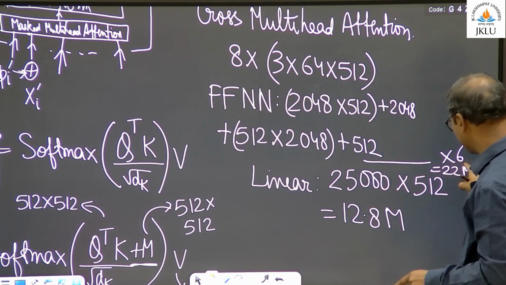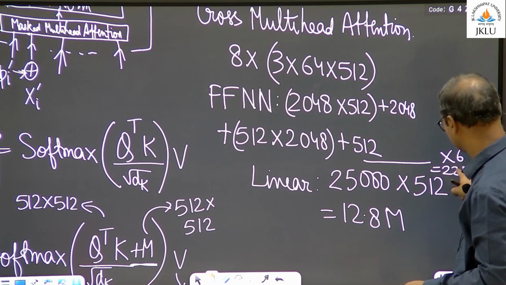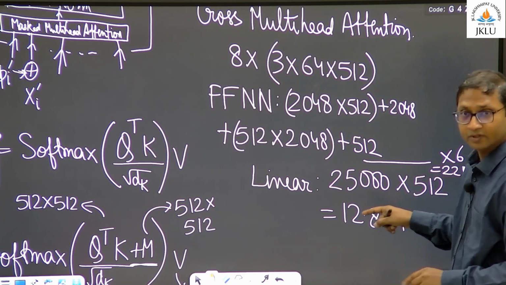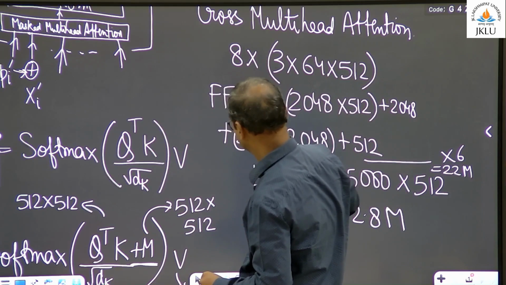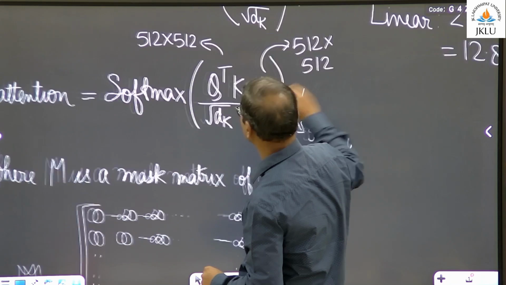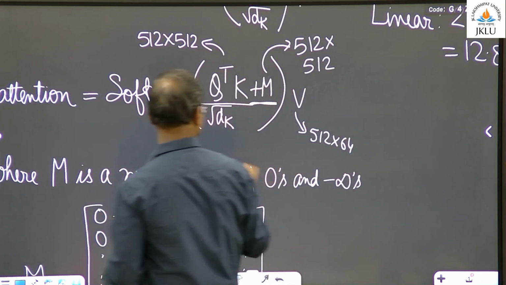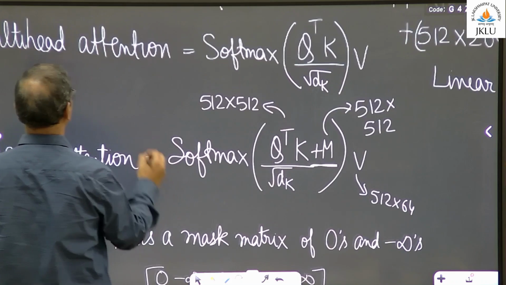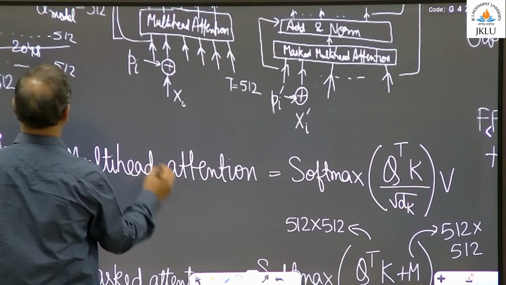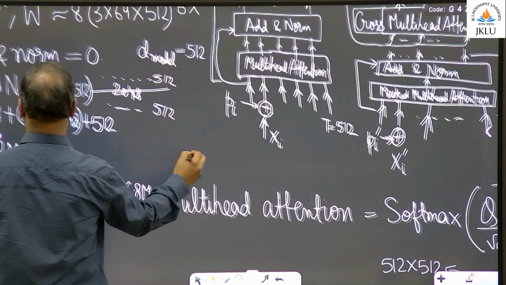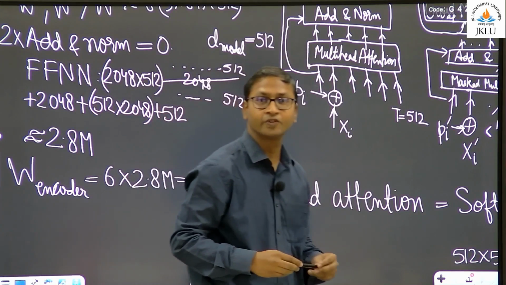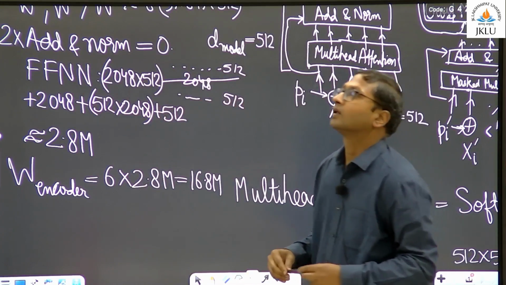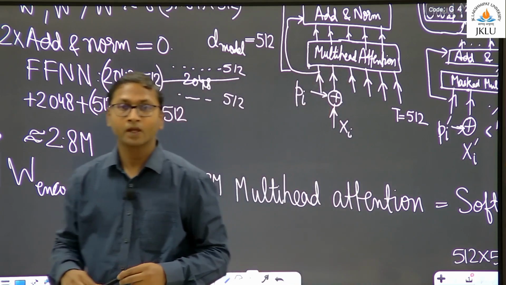This whole thing gives me 35 and what was here? 16.8, 52 still. 65.